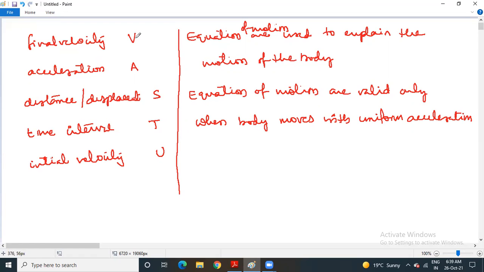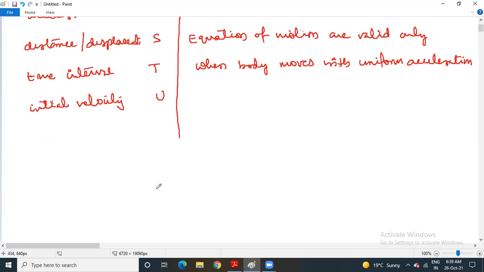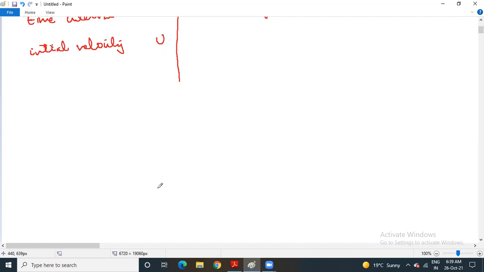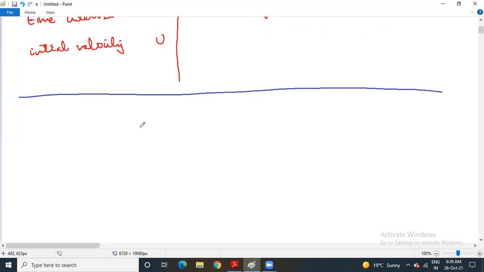So first we develop the equations based on these 5 quantities, and those equations are used to explain motion of the body. Right. So there are two ways to get the equations of motion. So let us go with them. First method is general method. Next method is either following integration or differentiation.